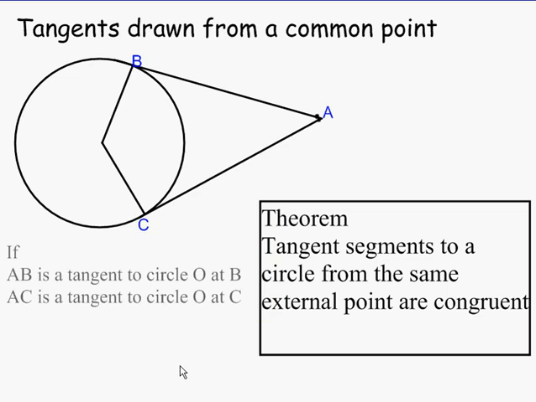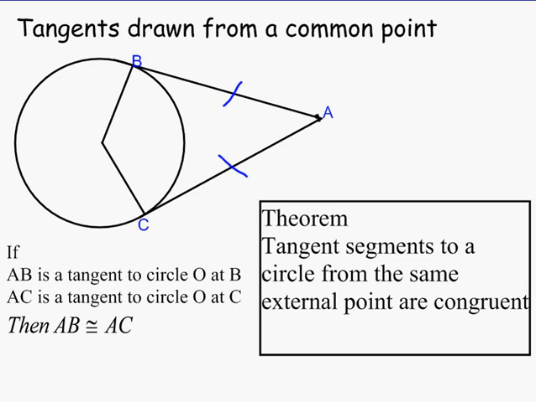In other words, if AB is tangent to circle O at B and AC is tangent to circle O at C, and they both have the common point A, then AB is congruent to AC. So these two line segments are congruent.